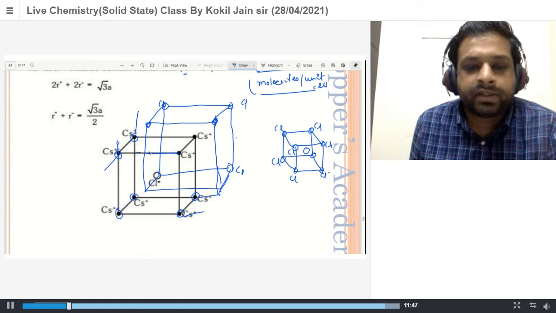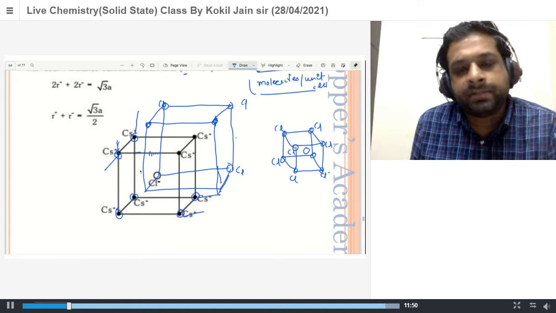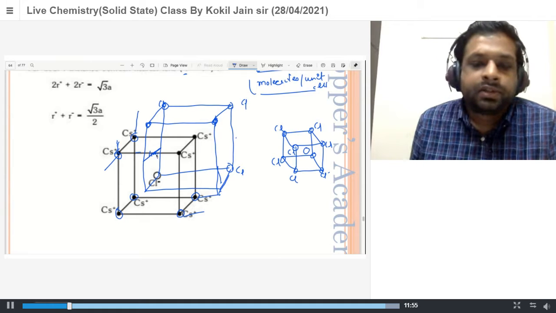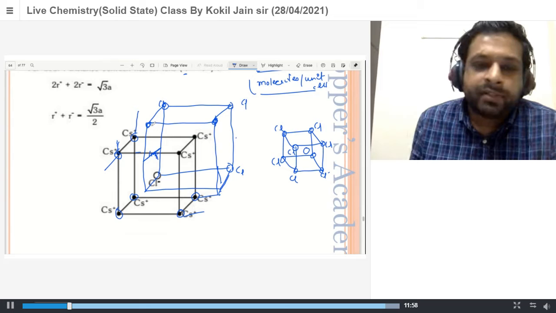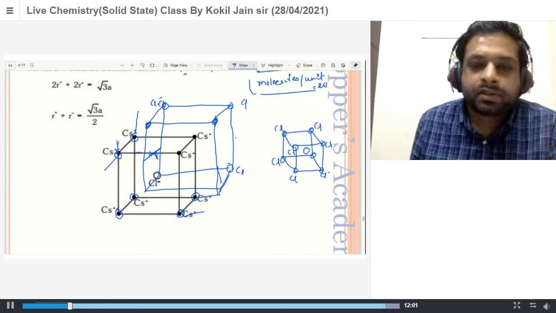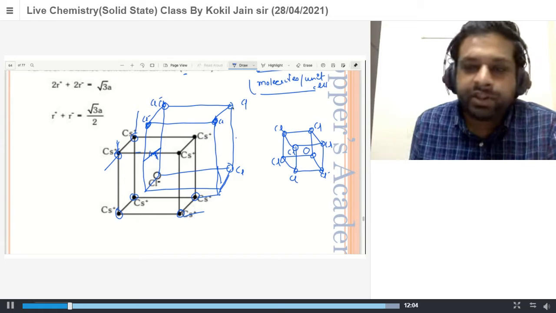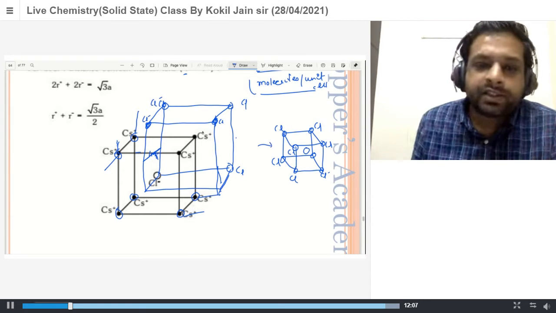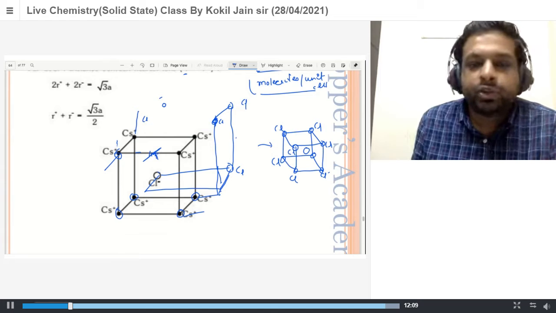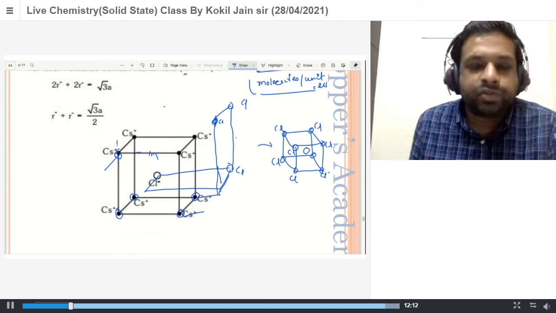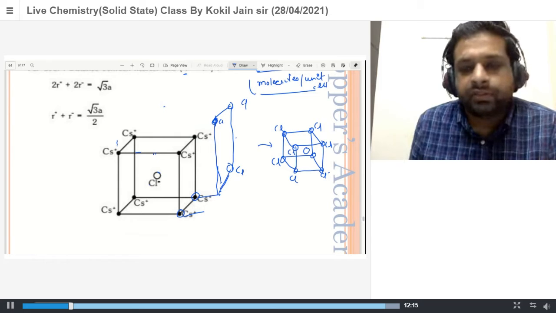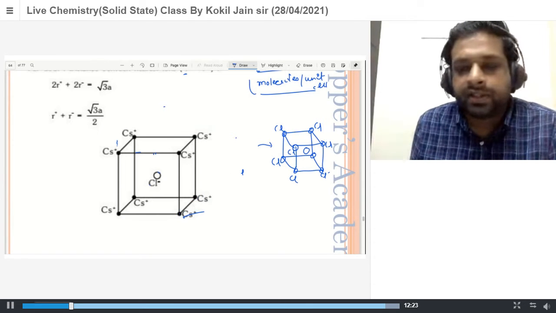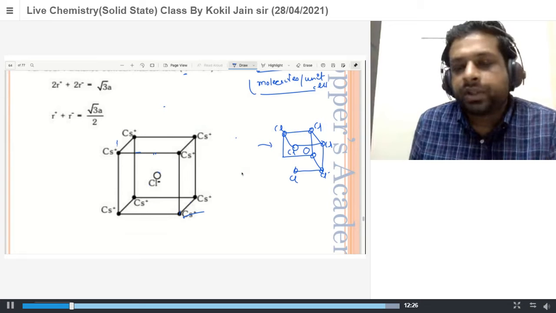This is behind, and this is away. So this is the same distance, this distance is the same here, and this is the middle point. Now, can you visualize this, Arman? Yes. This is how the arrangement will be. So we can see that both chlorine and cesium are occupying almost similar sites. In whatever way we try to see them, we can visualize them in one unit cell in a similar way.